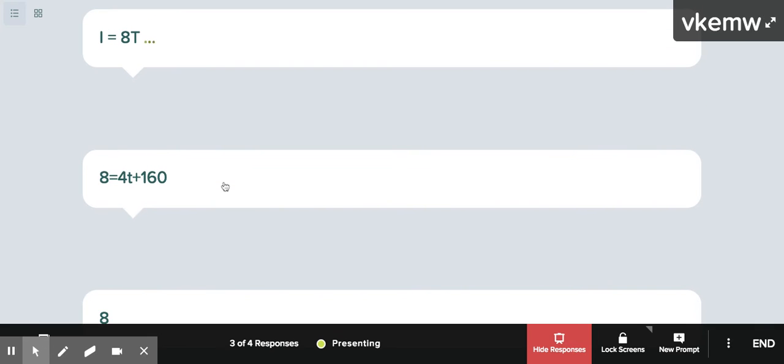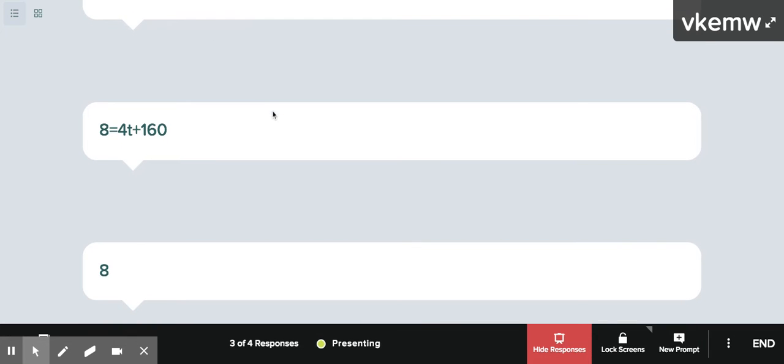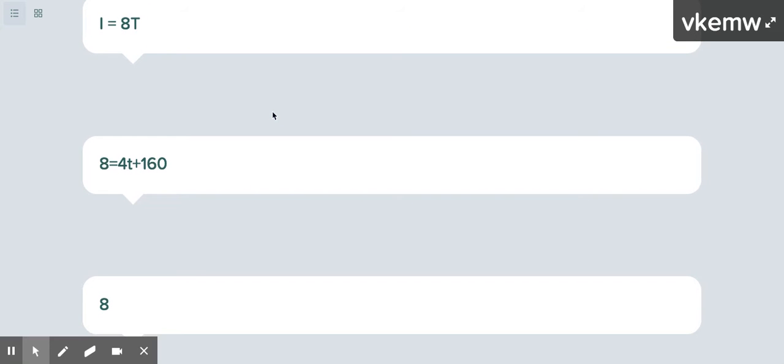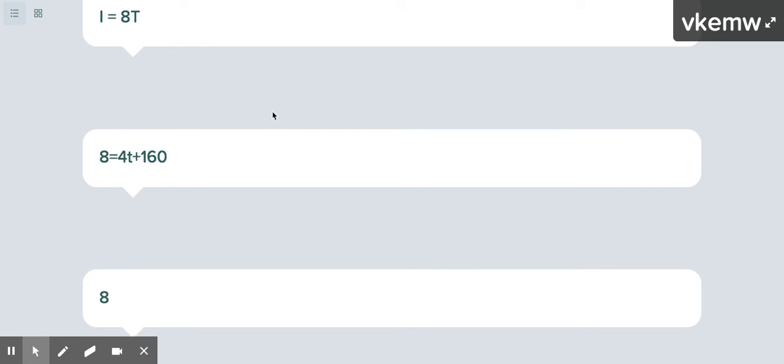Got a few more responses here. I like this correction here. That's good. I think it's better to have that go with the T in this case for our income.